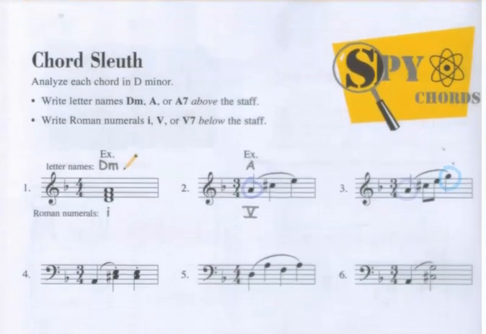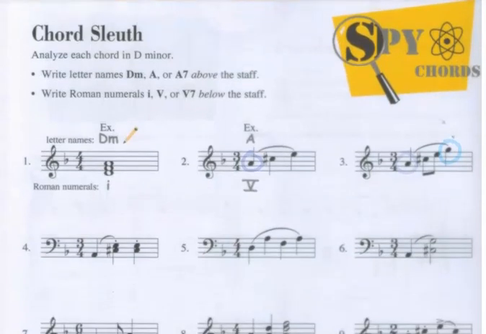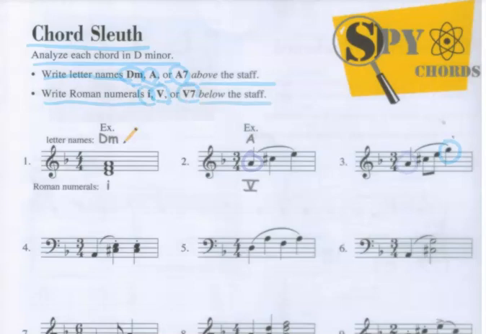Okay, let's move down to chord sleuth and analyze each chord in D minor. Here, write letter names D minor, A, or A7 above the staff. So we have 3 choices, 3 chords, D minor, A, or A7. And then write Roman numerals 1, 5, or 5/7 below the staff.